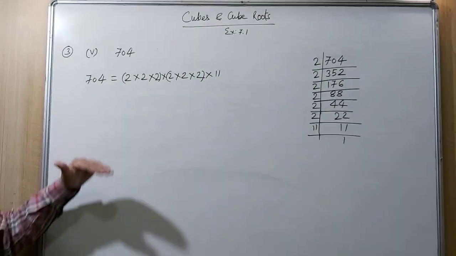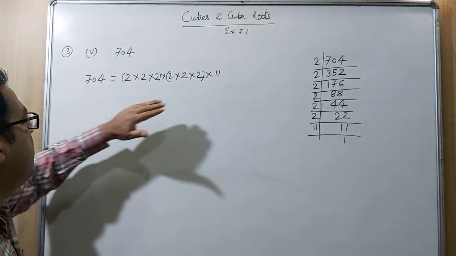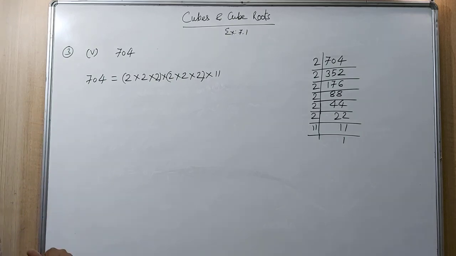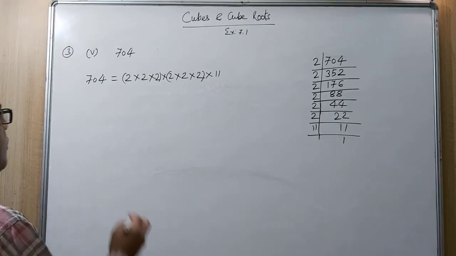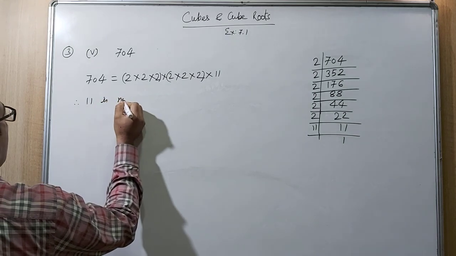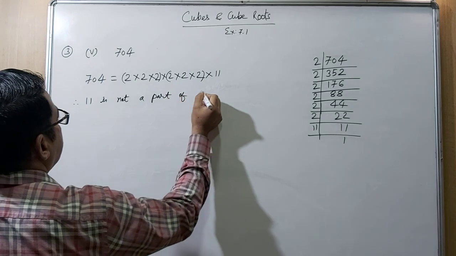It means if we remove this 11 by dividing, we can make 704 a perfect cube. If we divide by 11, we can make it a perfect cube. 11 is not a part of a triplet.